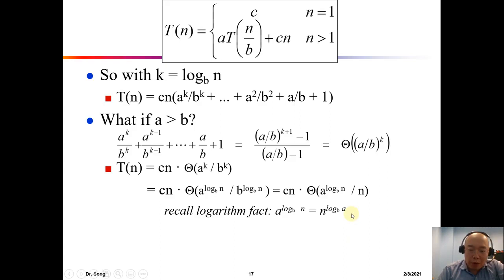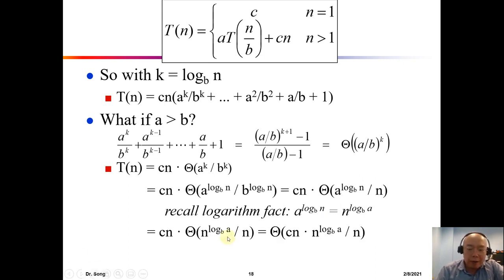And we want to do a small trick here. We want to exchange this a with this n. We just swap the position of those two values, and then we have n to the log base b of a. Moving on, we have n to the log base b of a divided by n, and we want to move this n inside.